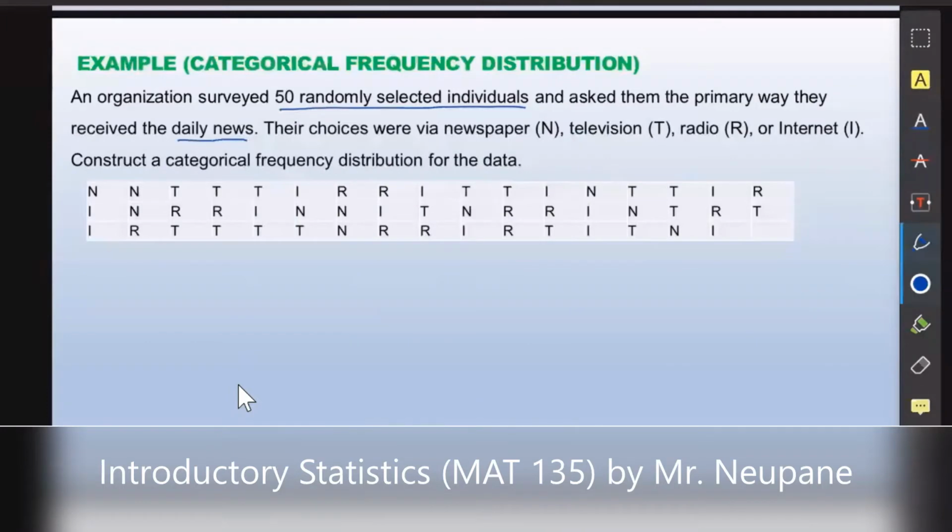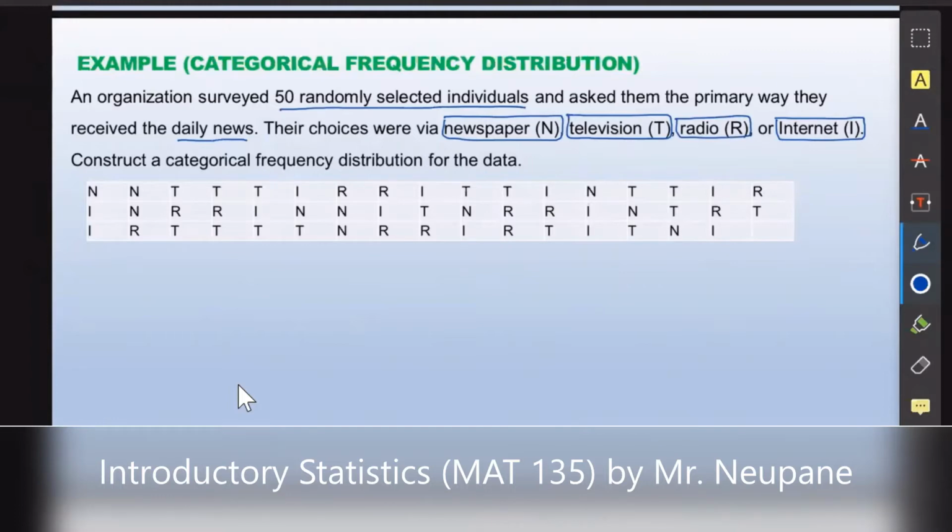The choices were via newspaper, which is denoted by N, television, denoted by T, radio, denoted by R, and internet, denoted by I. So these are the four modes with which they are receiving the news. Now we are asked to construct a categorical frequency distribution for this data.